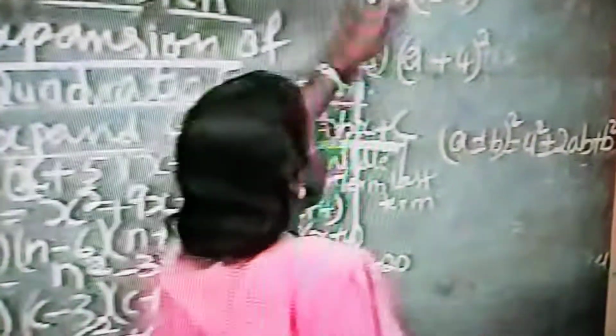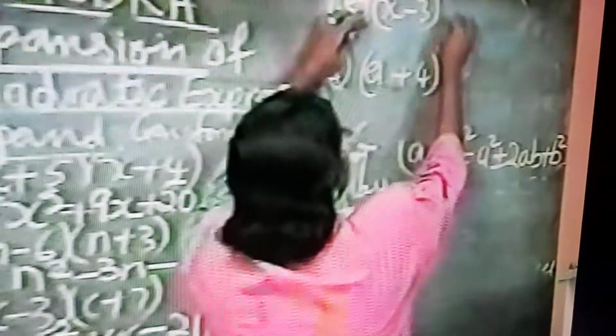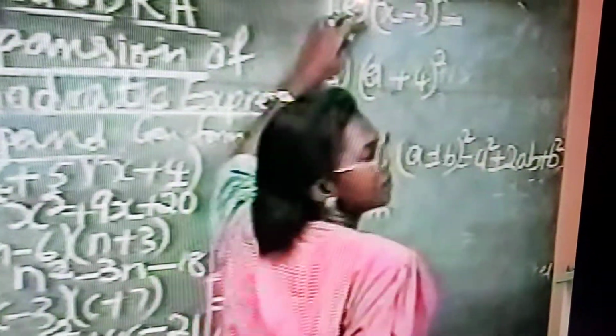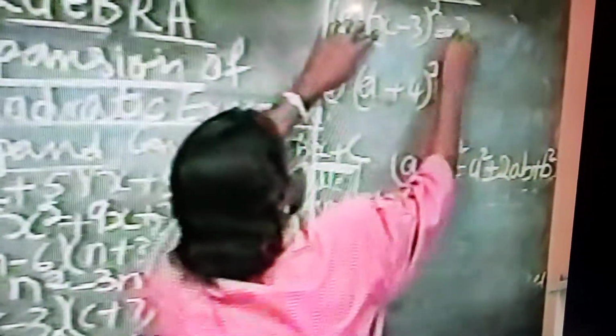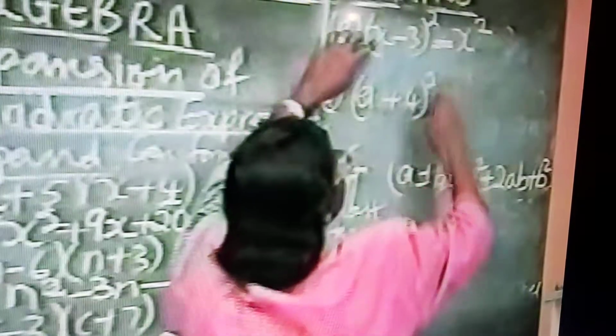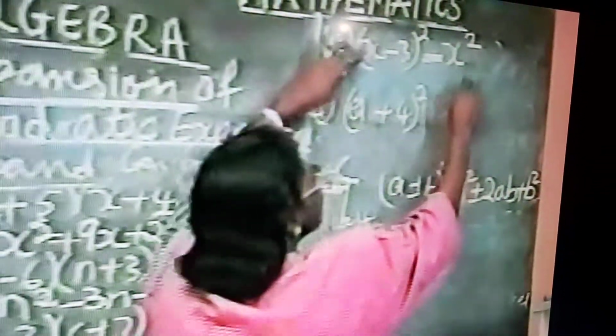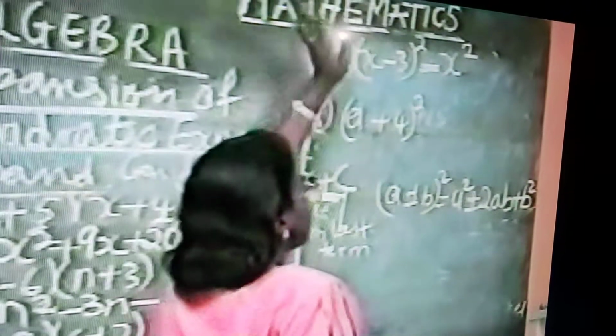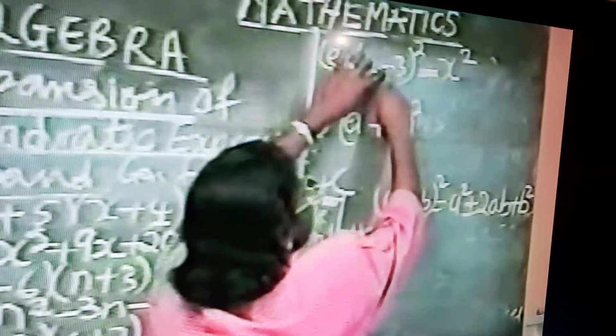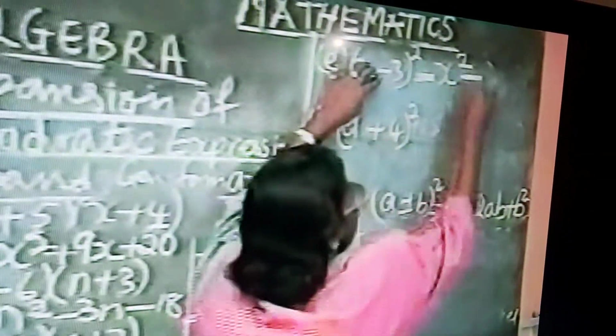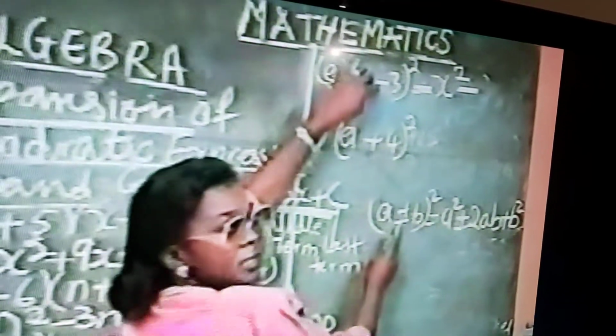So here, I am going to use this formula. X minus 3 in bracket square will give me, first of all, x squared, and I'm going to end up with plus 9. But the middle term is the problem I have to think about. So since you have a minus, the middle term will be minus. That is what we mean by plus or minus here.